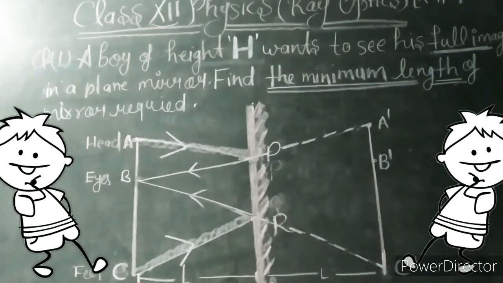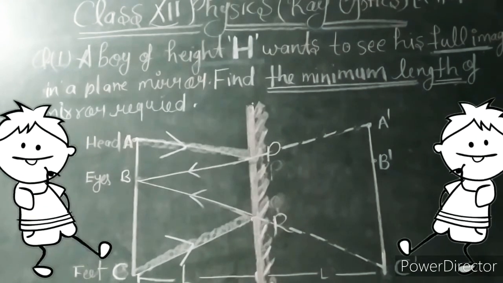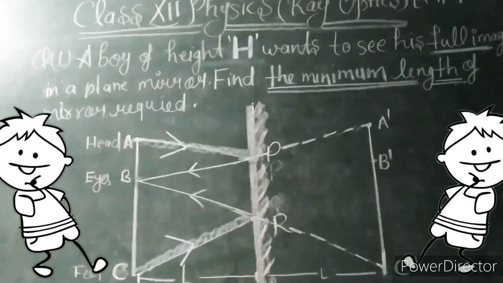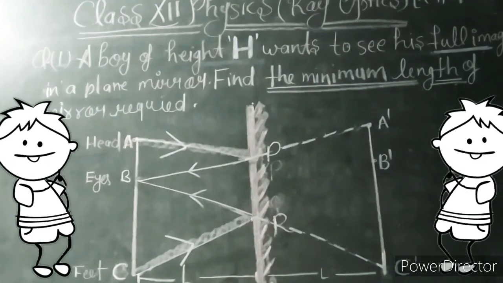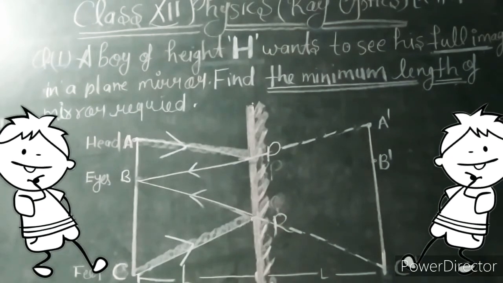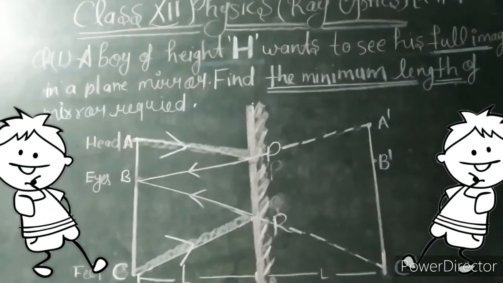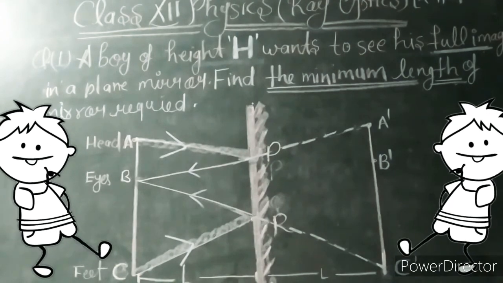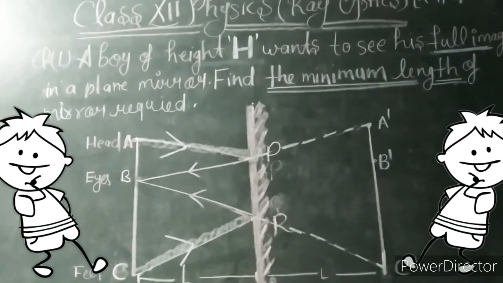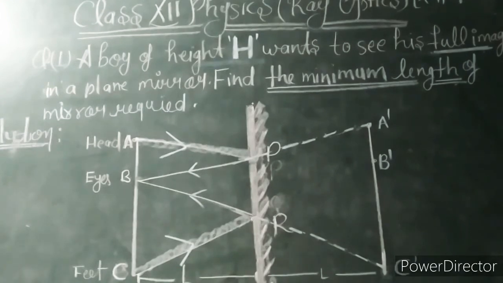Following the law of reflection, angle APB is equal to the angle of incidence, and angle CRB is likewise equal. Image A dash C dash: rather than looking at the mirror, the image appears to be two points behind the mirror. That is called point A dash and C dash.